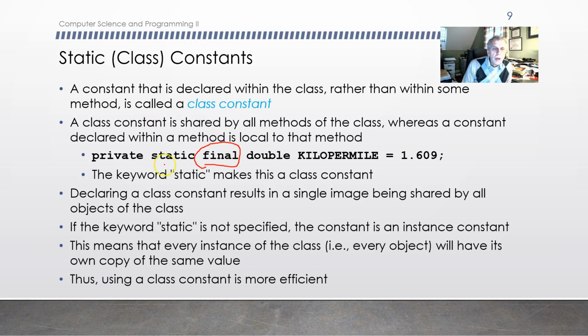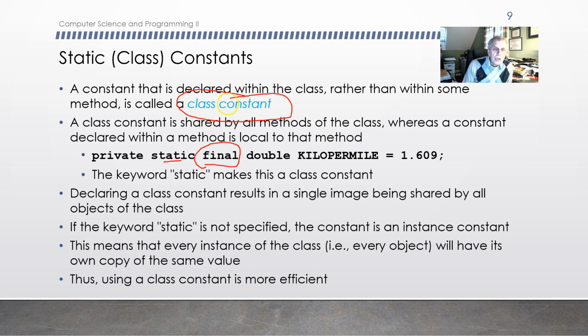And again, we're working with the notion of static. By making it static, it becomes what is called a class constant. Rather than stored within an instance or an object of the type, it is stored within the class as a whole and accessible or shared by all methods within the class.